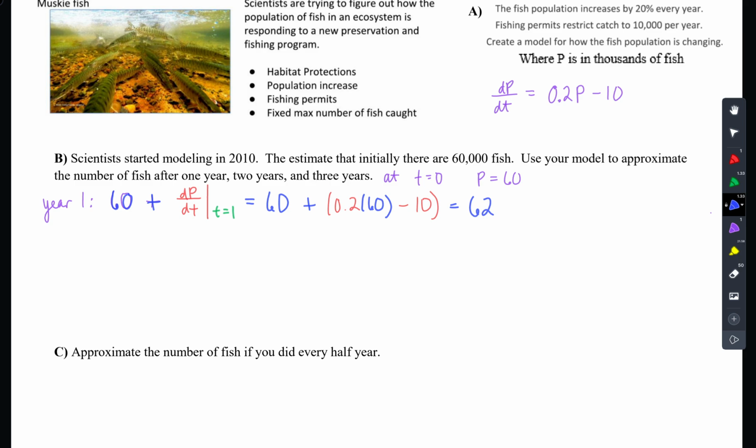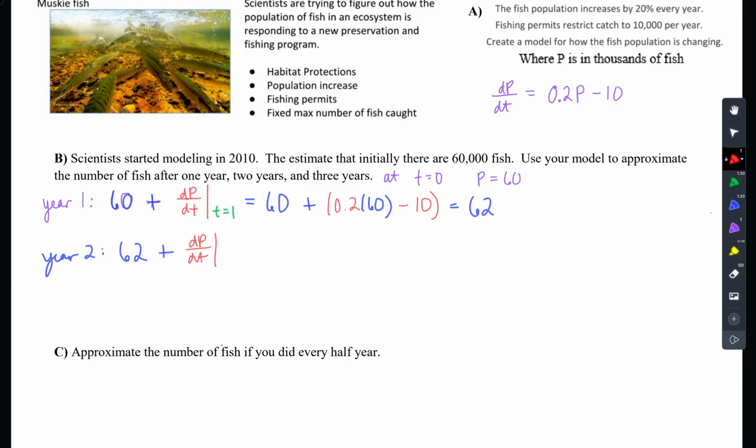So now when we go into year 2, I'm not using the 60 anymore because now my population's bigger. So now my rate is dependent on the population it is now. For year 2, you're going to take the 62 because that's what you have, plus the rate.